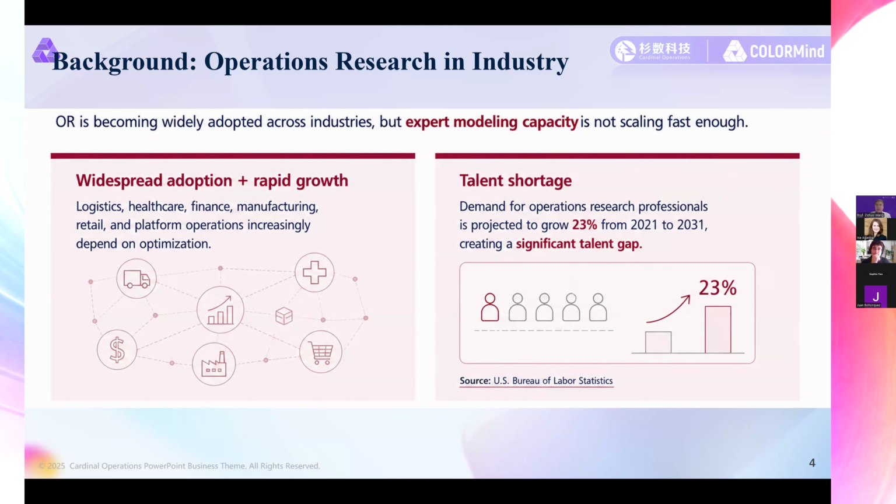So even though there's a lot of demand, the talent supply has a difficult time catching up. That's the reason we have been thinking that maybe by using AI plus OR, we can help a lot of these companies solve those problems.